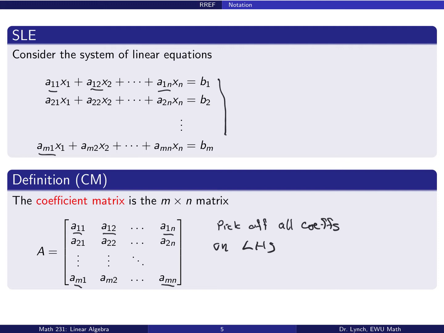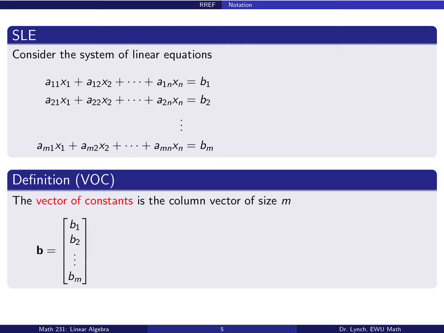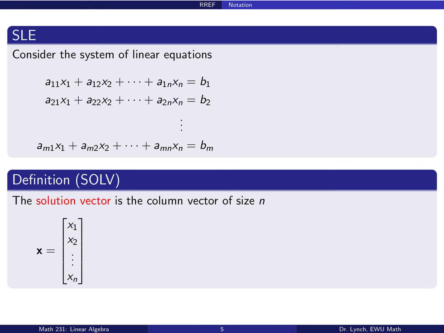Similarly, we can define the vector of constants. The vector of constants is the vector of size m containing m entries, and we get the entries 1 through m by just picking off the constants on the right-hand side. We can similarly define a vector called the solution vector.